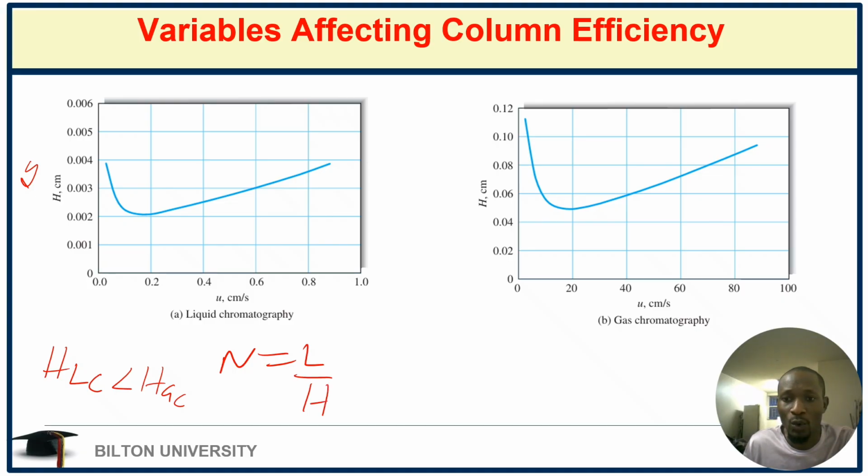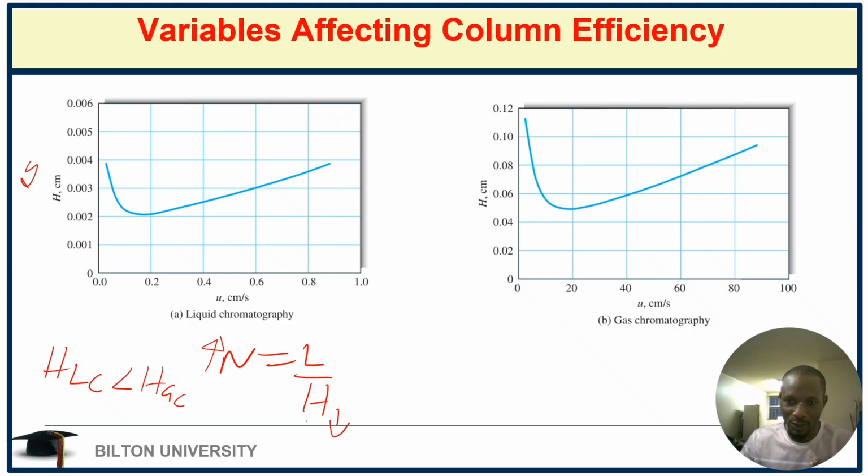Now with the plate, we remember we have said that N is equal to L over H. This tells you that if the plate height goes down, then the number of theoretical plates is going to go up, meaning that the length of the column is going to go up. In that case we expect liquid chromatography, because its plate height is very small, to have a higher efficiency compared to GC.